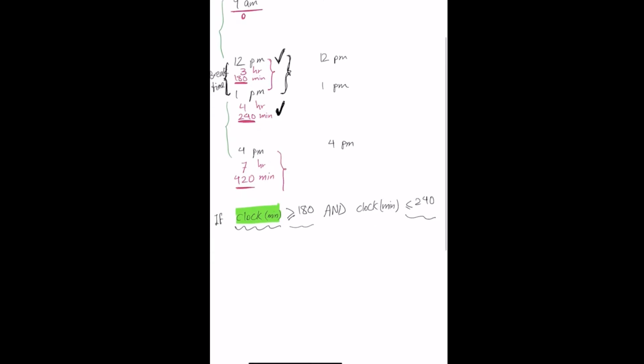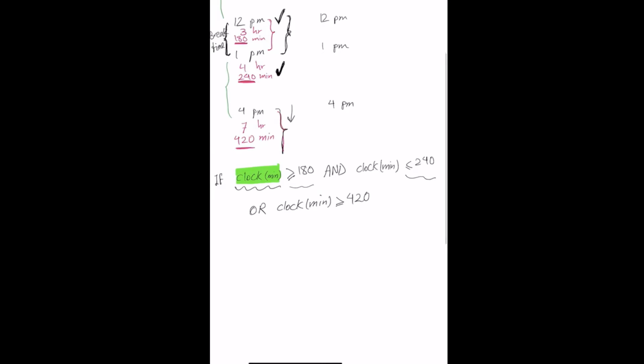So in the condition I want to write here, I get the simulation time: if simulation time is greater than or equal to 180, I'm at 12 noon, and simulation time is less than or equal to 240, that means I'm between 12 and 1 during the lunch break.